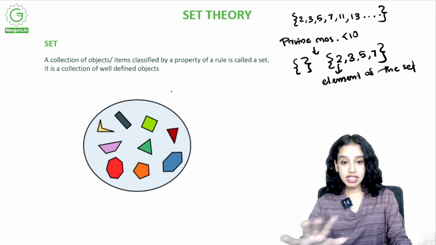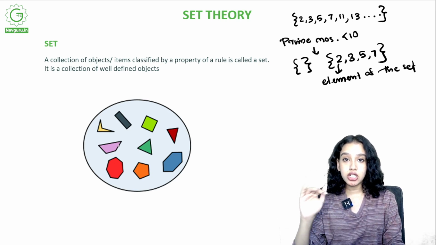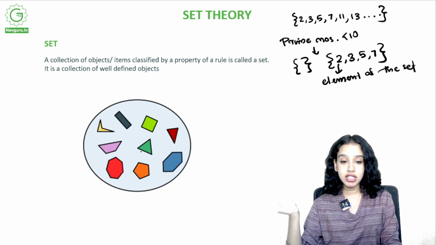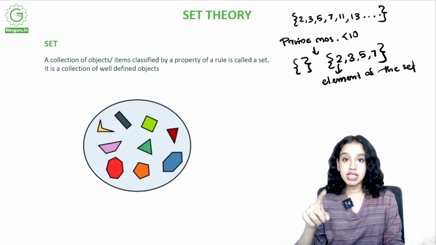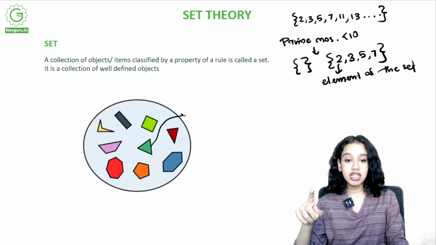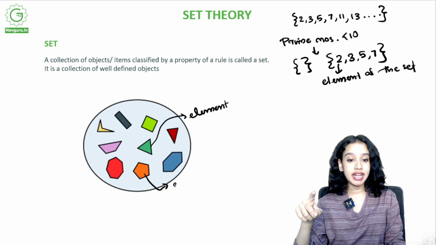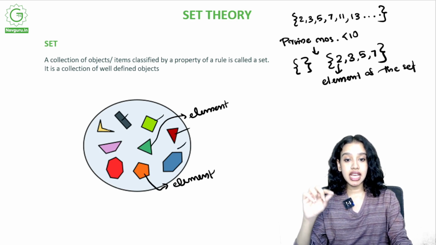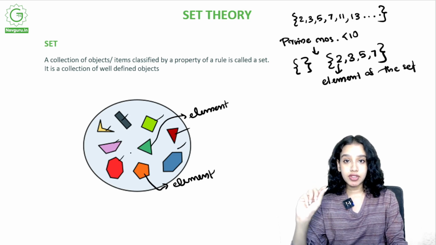Now, in this set where we have different geometrical shapes inside a circle, we find different elements inside the circle. This triangle is one element of the set. This pentagon is also an element, right? So every one of these is an element in this set, right?